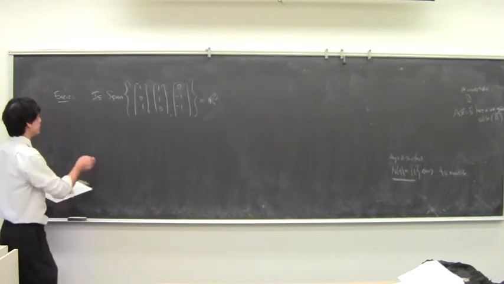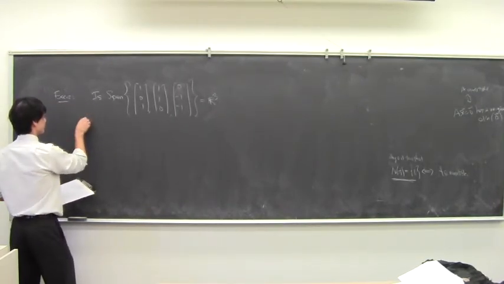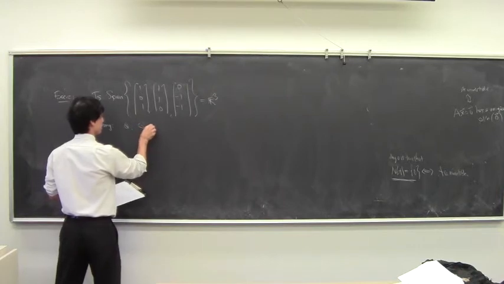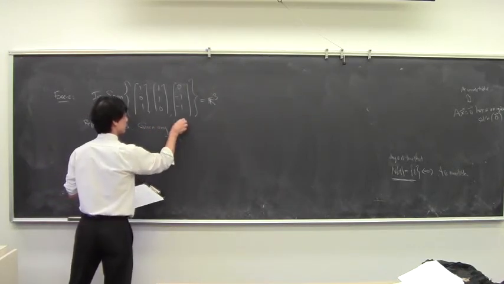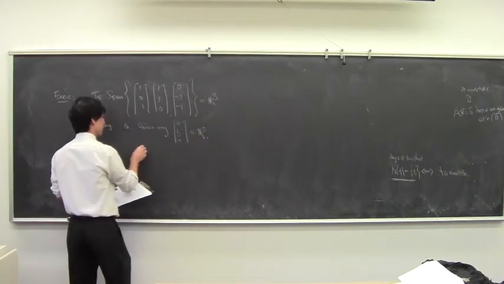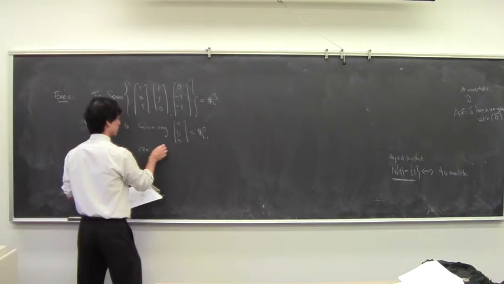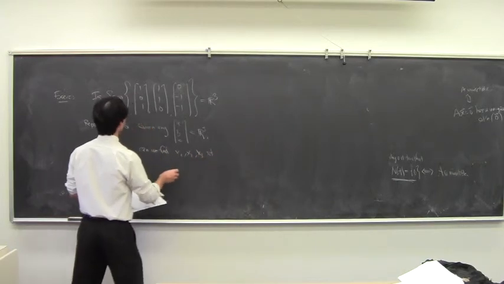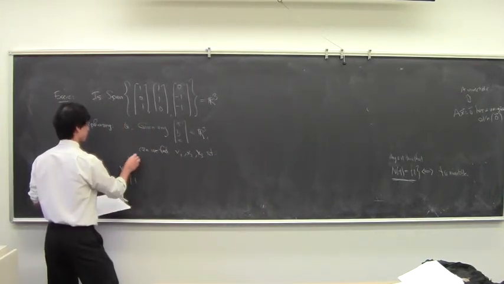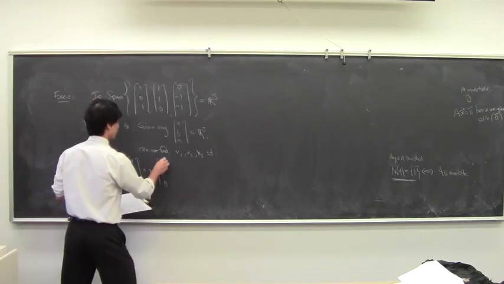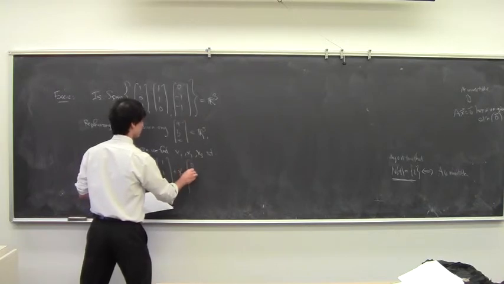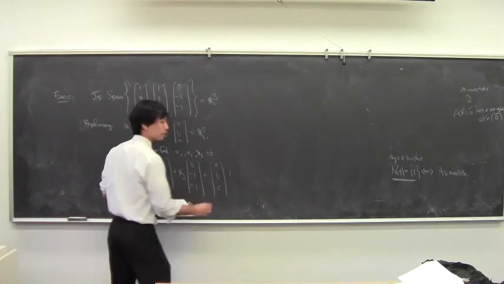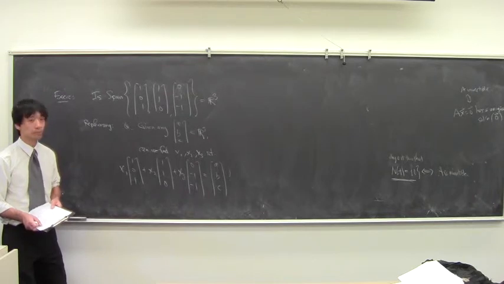The question, rephrasing, is: given any (A, B, C) in space, can we find x1, x2, x3 so that x1 times the first guy plus x2 times the second guy plus x3 times the third guy equals (A, B, C)?